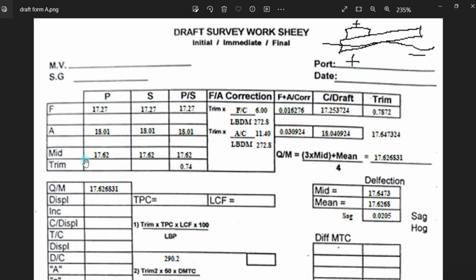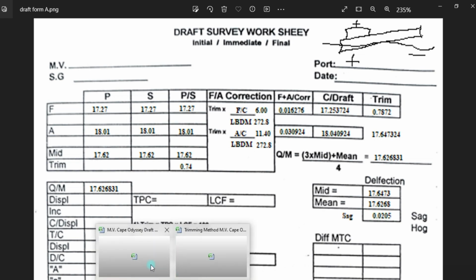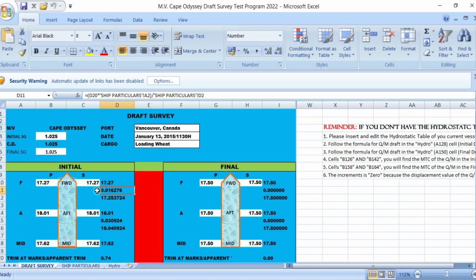So let's start with the draft. Draft forward is 17.27 port and starboard, which is this one, 17.27, and your aft draft is 18.01 port and starboard.